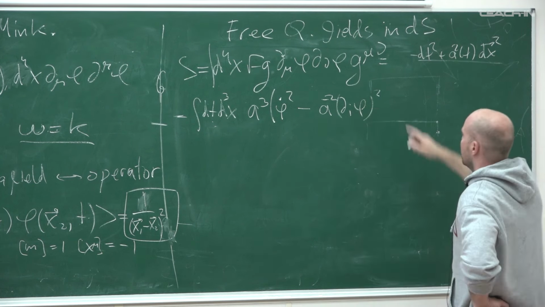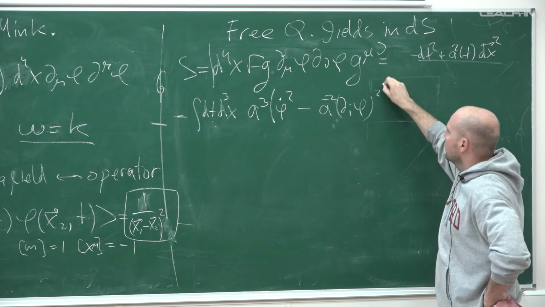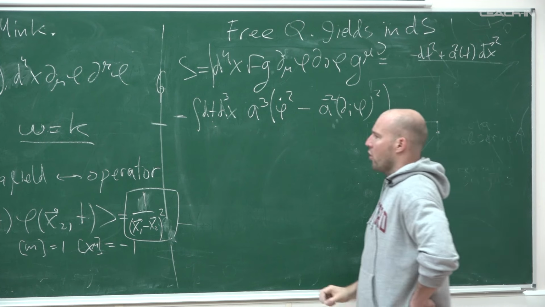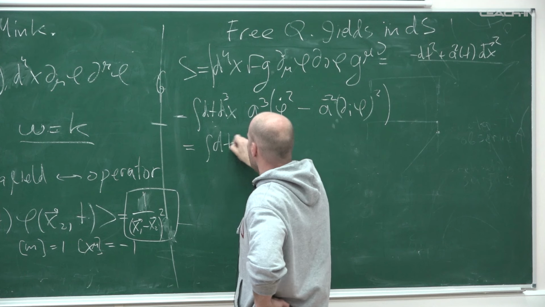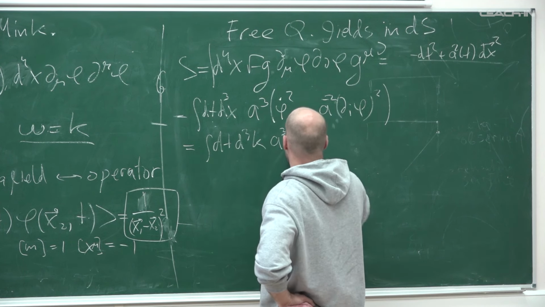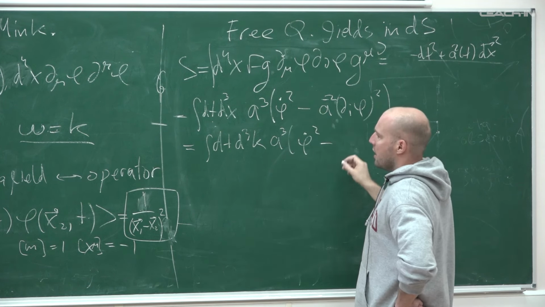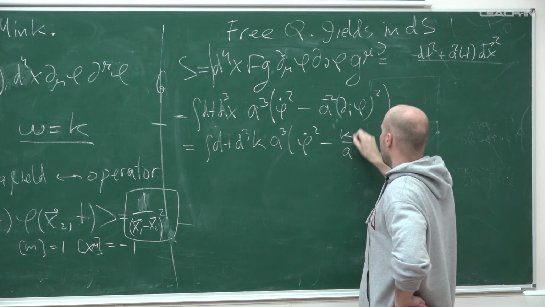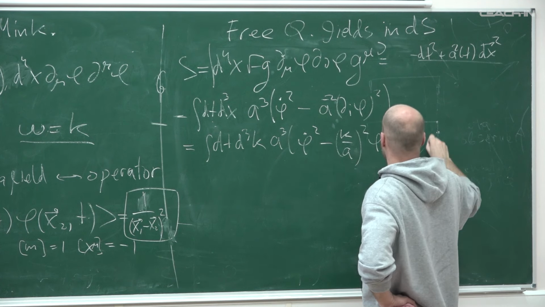Because I have the inverse metric, so a is downstairs, so I have a to the minus 2. And then if I go to momentum space, I have a cubed, and then phi dot squared minus k over a squared, phi k, phi minus k.